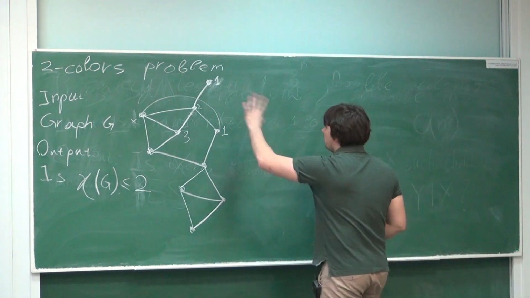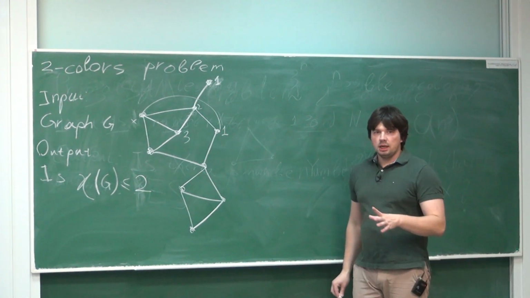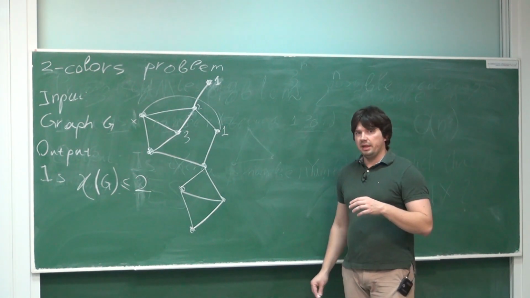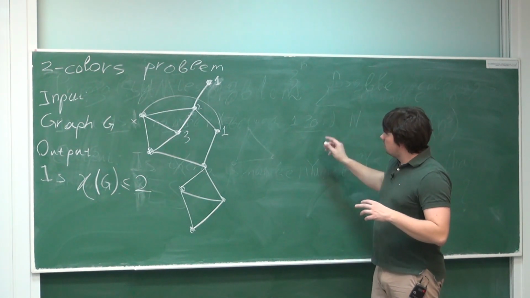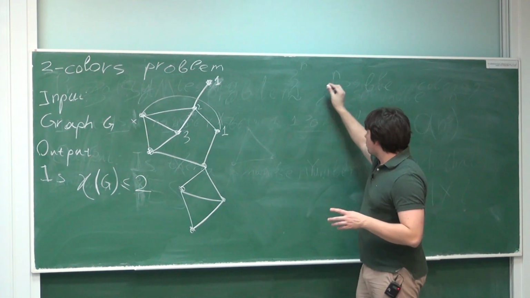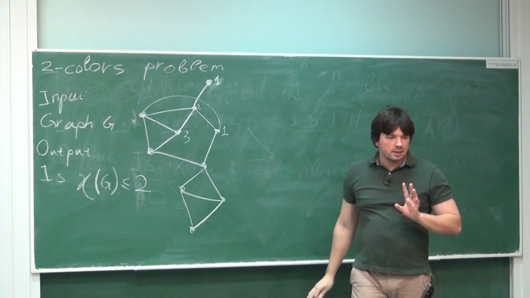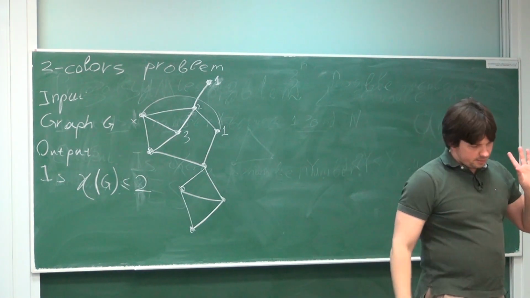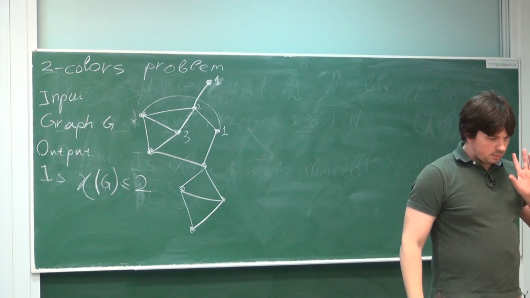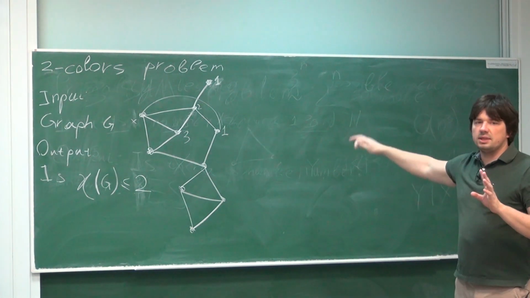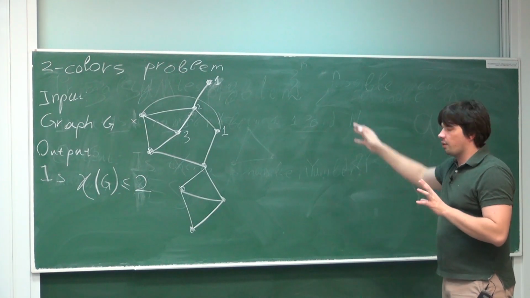So this whole thing can be done in linear time, or roughly linear time. So we can solve the 2 coloring problem in time linear in the size of the graph.